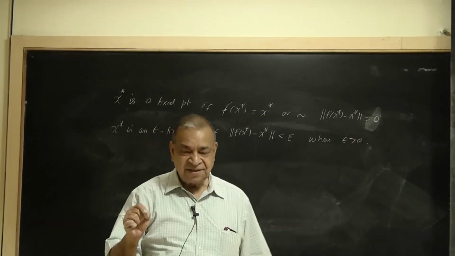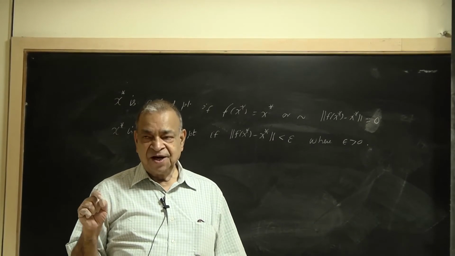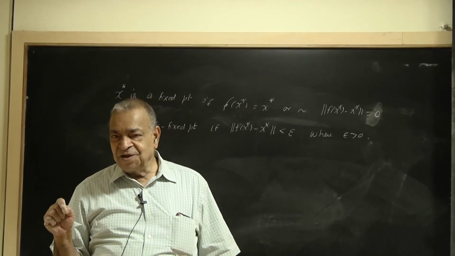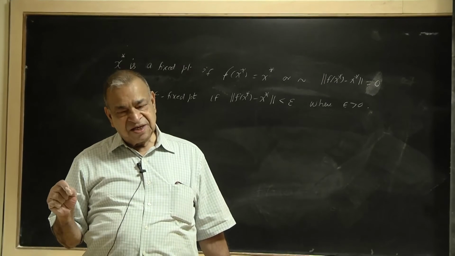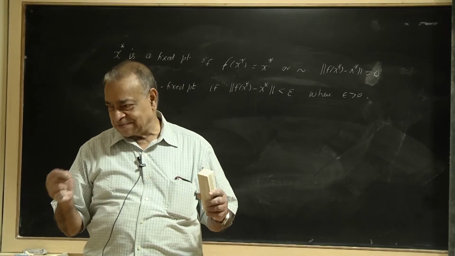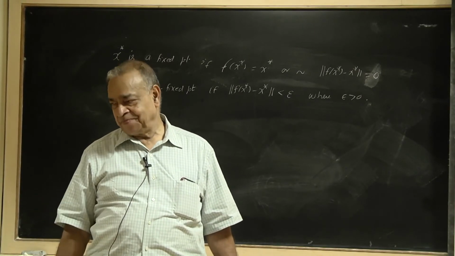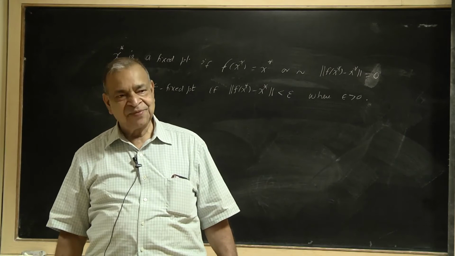You choose a positive epsilon and look for some point whose image is not too far away, still within epsilon. Then you say x star is an almost fixed point, or epsilon fixed point.